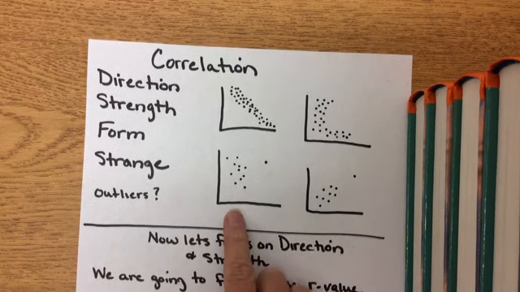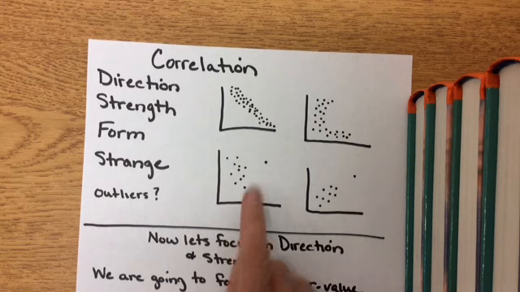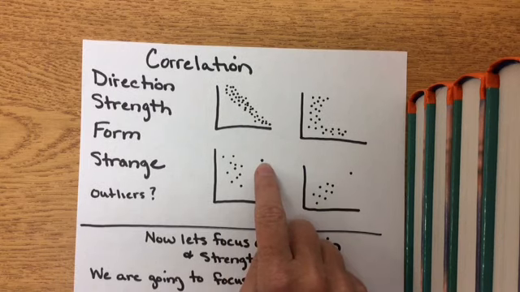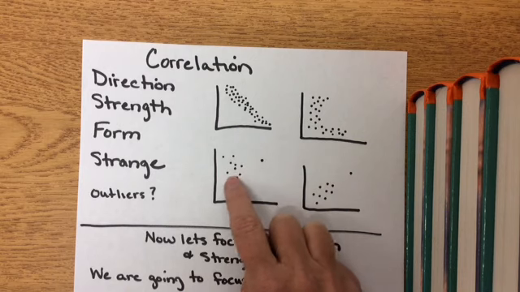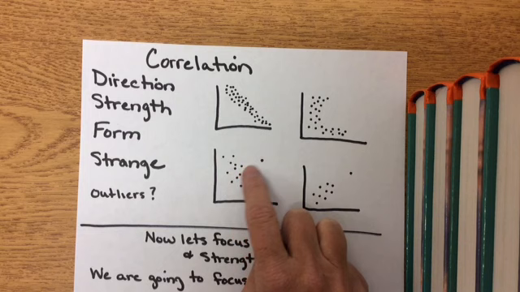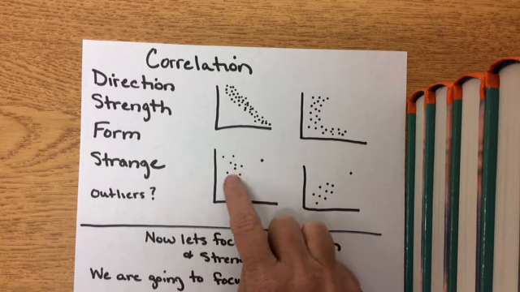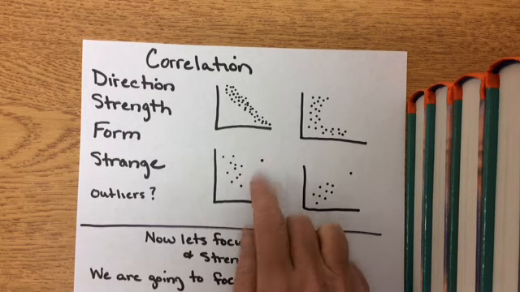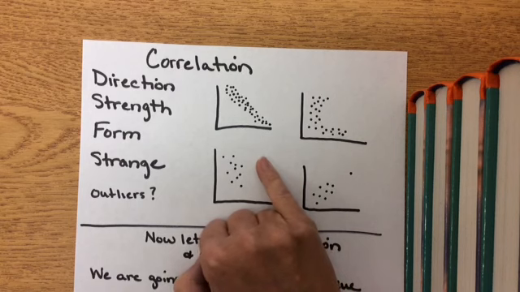So let's take a look at this one first. I see a dot that I think might be an outlier, but I'm not sure. So it looks like we have a positive direction here. But look at what happens when I put my pinky on the point.